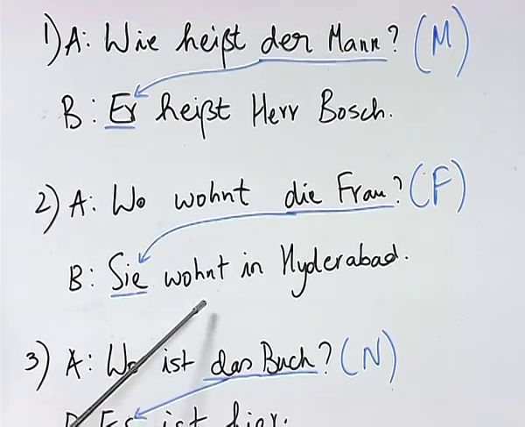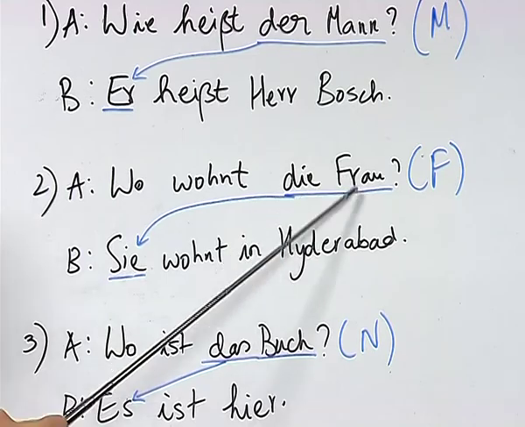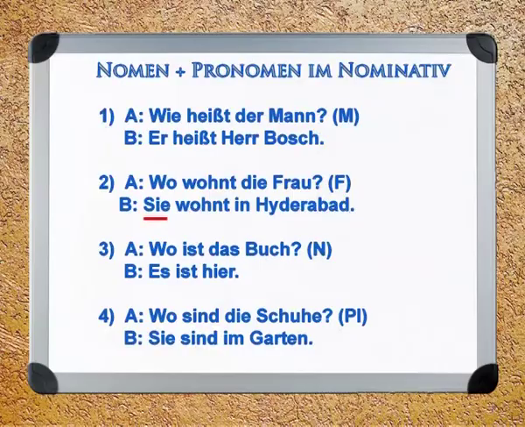The answer is Sie wohnt in Hyderabad. Here the article and the noun die Frau is replaced by the pronoun sie. Also, you might see that S is written here in capital, which we know is because whenever we start a sentence, the first letter is always in capital case.